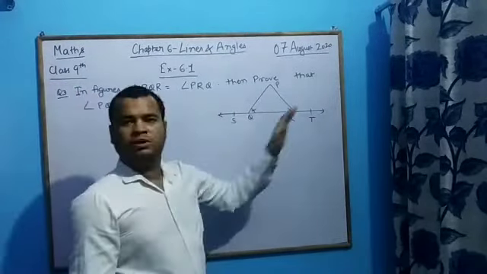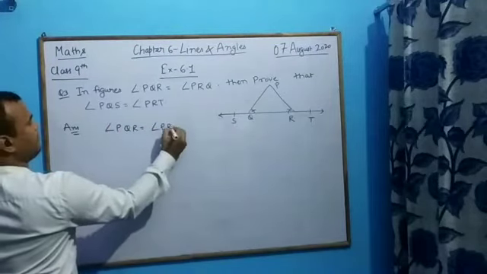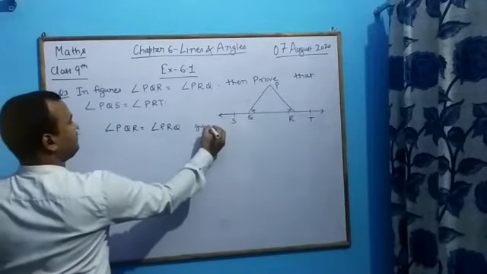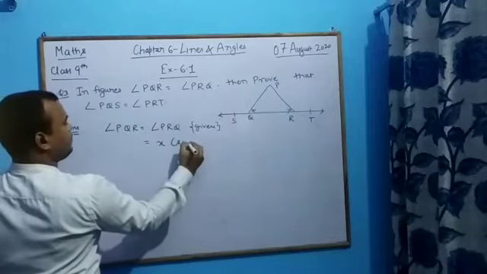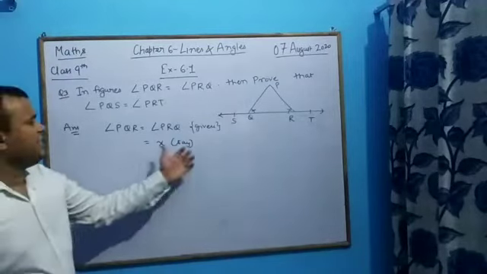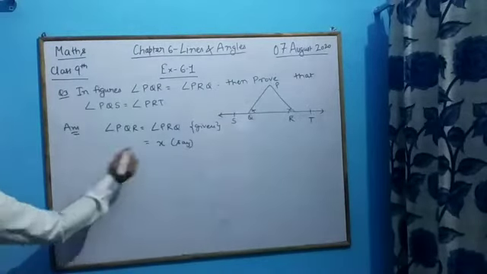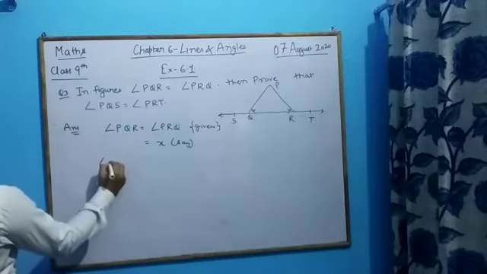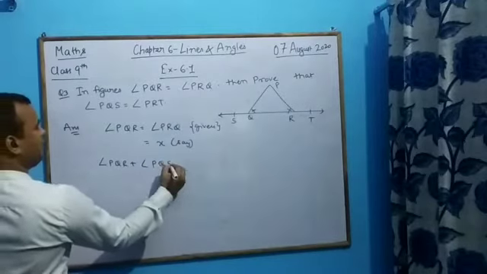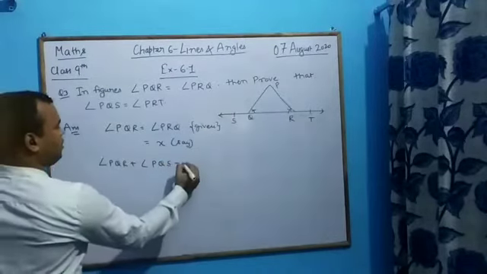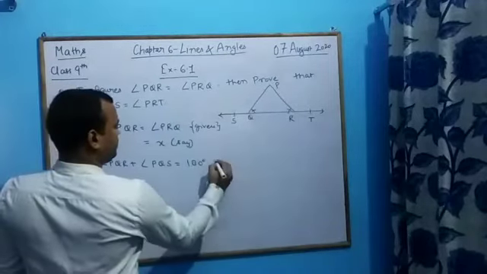Let us write out what we have been given. It is given, let us say the value of both is x, because we are given that both are equal. Let angle PQR plus angle PQS be equal to 180 degrees.